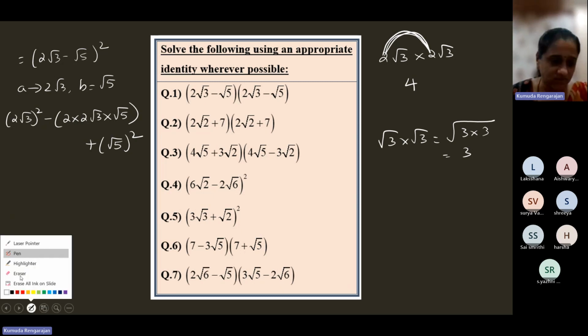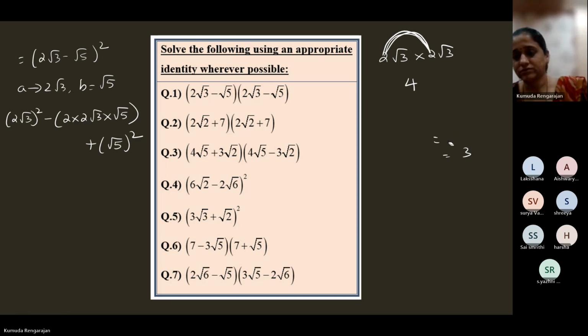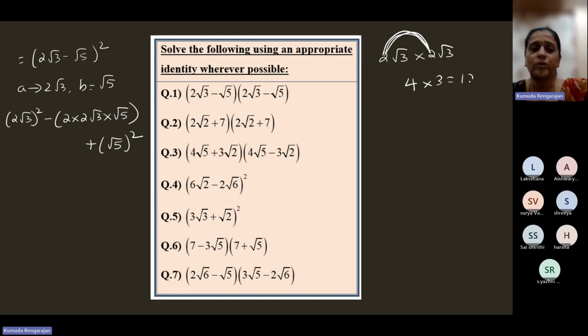Root 7 into root 7, 7. So 2 into 2, 4, root 3 into root 3 is 3, and 4 3s are 12. So 2 root 3, the whole square is 12, children.